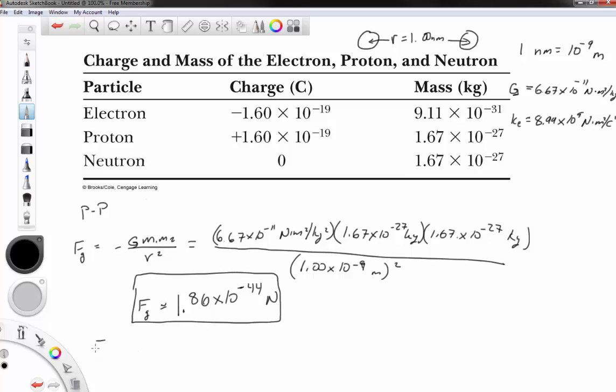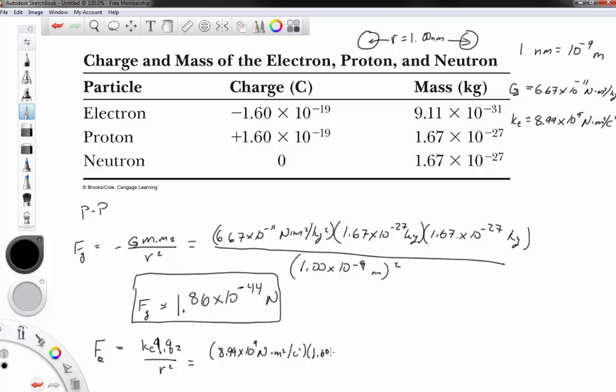If we want to figure out what the electric force between the two is, we use Ke times Q1 times Q2 over R squared. So that's going to give us 8.99 times 10 to the 9th newton meters squared per coulomb squared times the charge for each proton.